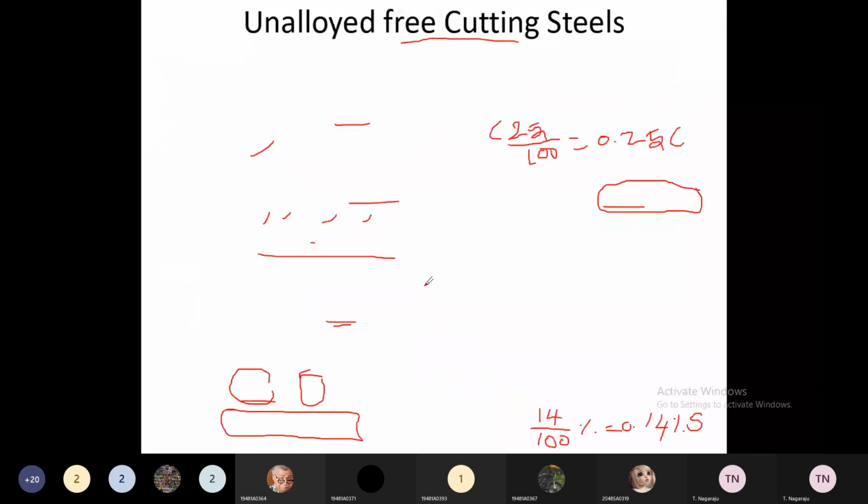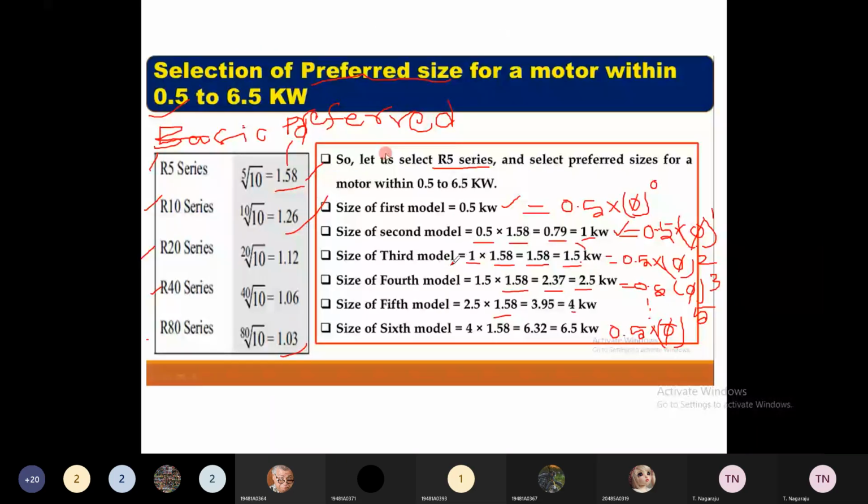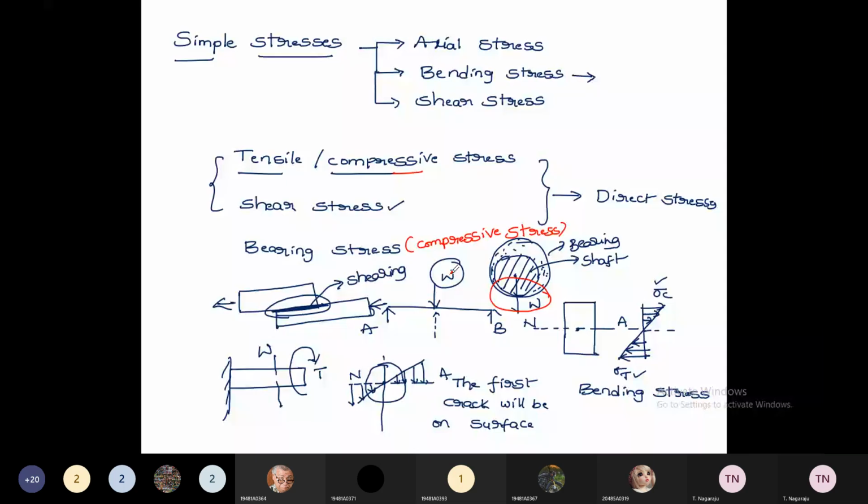Some of your friends already told, or you know very well, that stress is nothing but the resistance offered by the body per unit area. In other words, whenever there is an external force, obviously there will be an internal resistance against the external force.